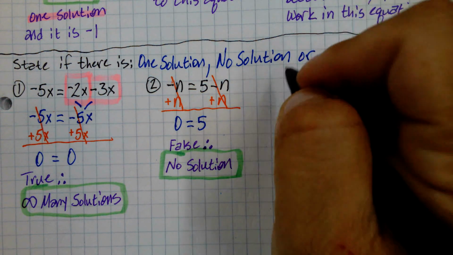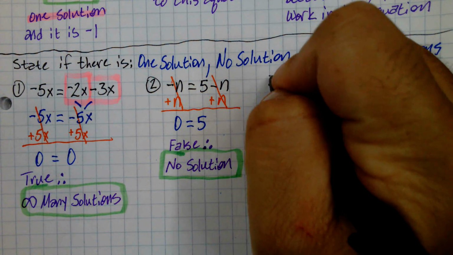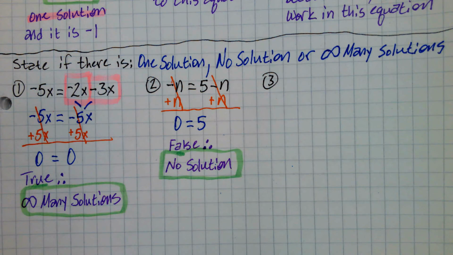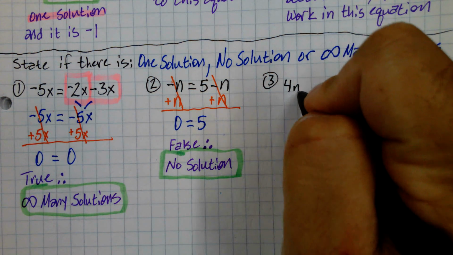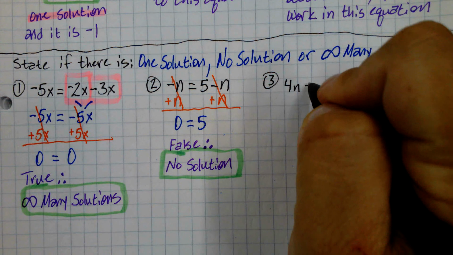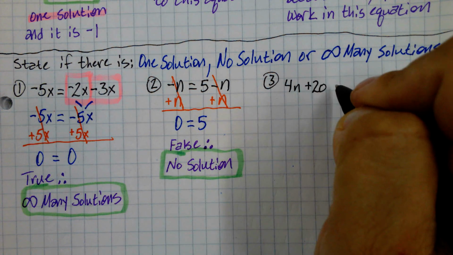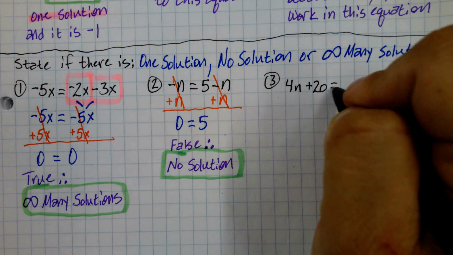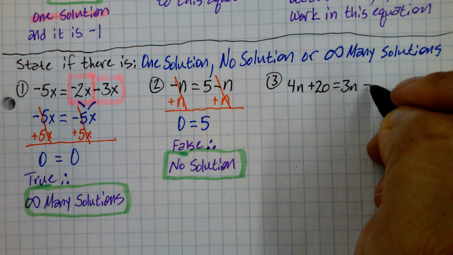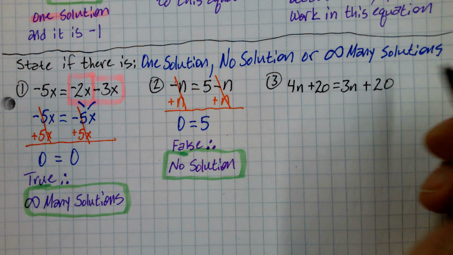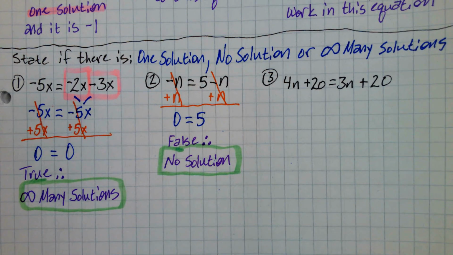Let's try number 3. Okay, let's do this. 4n plus 20 equals 3n plus 20. All right.